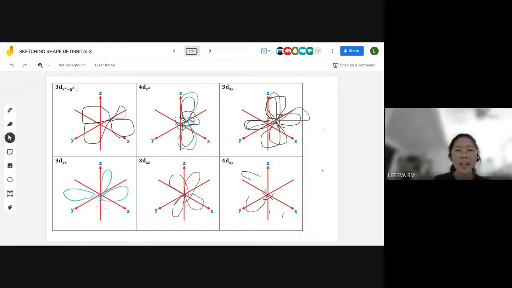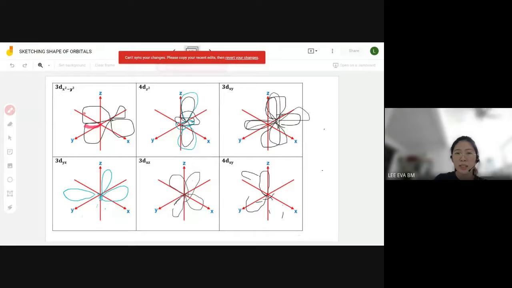3dx square minus y square. Okay. Madam guna pen merah untuk lukis. Let's say over here we have our 3dx square minus y square. Kedua, awak punya clover leaf shape is on top of x and also y axis. Madam anjak sikit dekat sini.